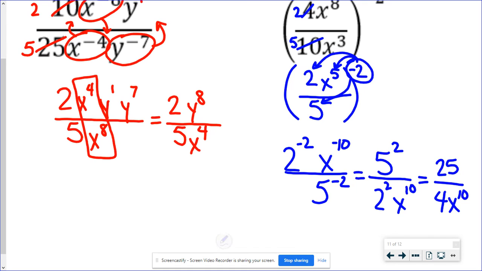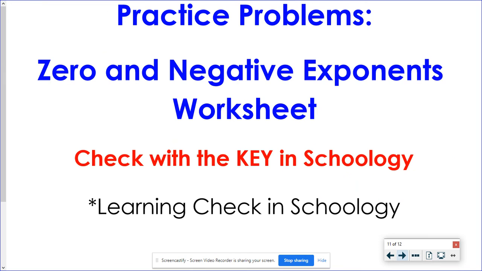Some of these problems you're going to notice are going to take a couple of steps. So today's worksheet, the 0 and negative exponents worksheet, it is rather long. I admit that. I think that getting that much practice is good.